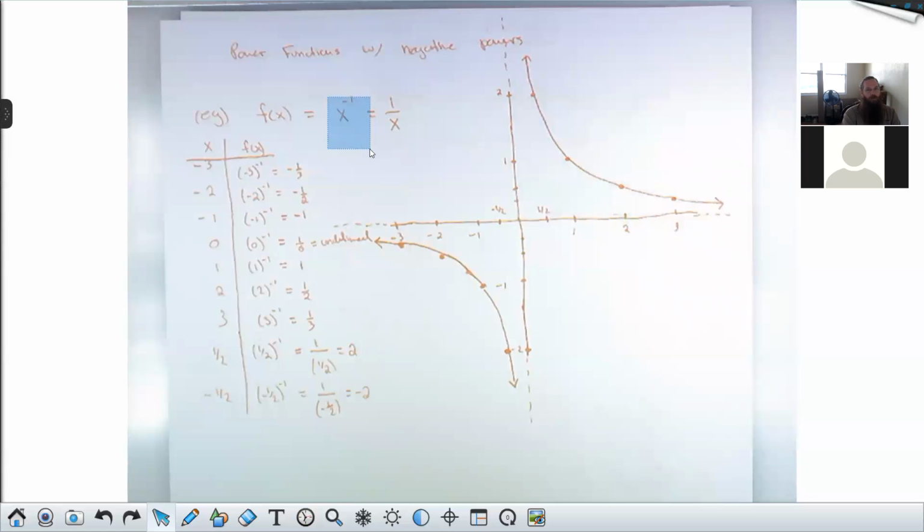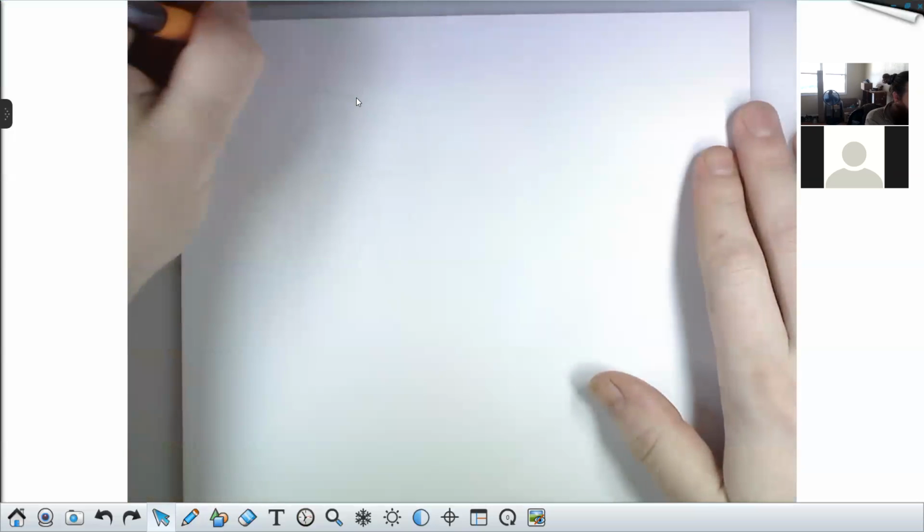X to the -1, of course. If we weren't thinking of it as a power function, normally you'd write this as 1 over x. But right now we're thinking of it as a power function, so we want to make sure to write it as a power function. Some graph shapes.